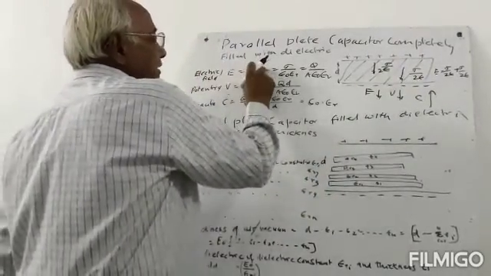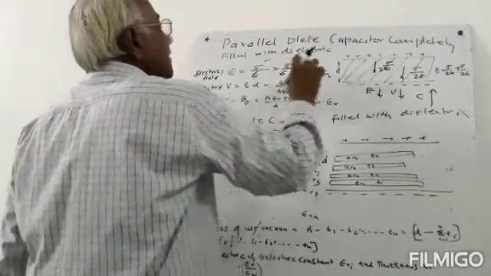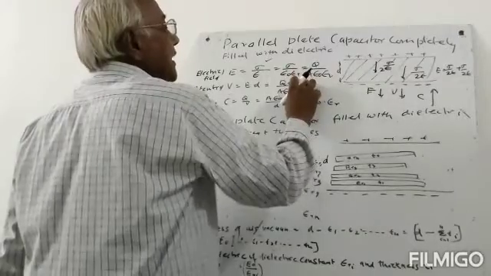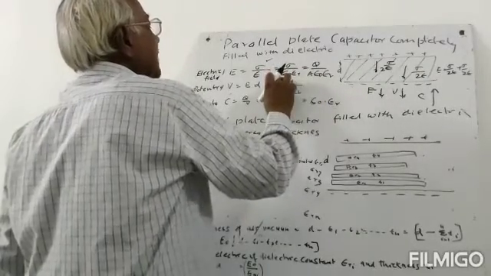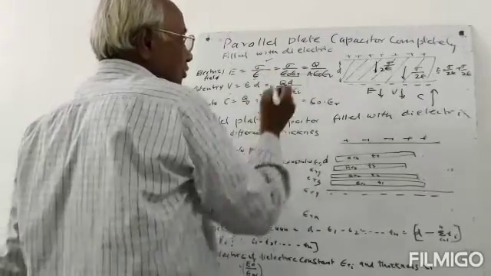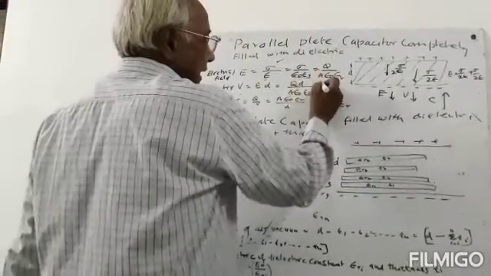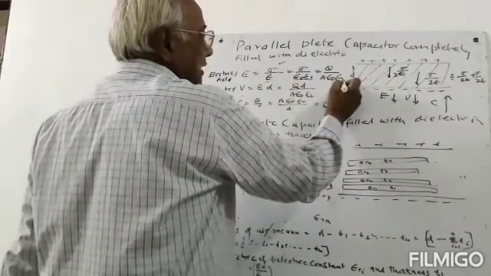So we can put the value of sigma. Sigma is equal to charge divided by area, and epsilon is equal to ε0 into εr. So the electrical field will be equal to Q by A ε0 εr.